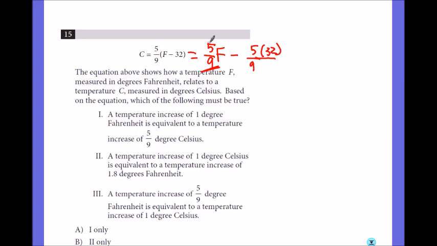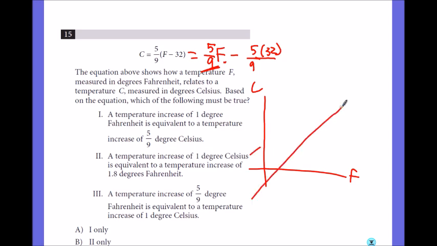So 1, a temperature increase of 1 degree in Fahrenheit is equivalent to the temperature increasing 5 over 9 degrees in Celsius. So when you think about it, if you draw it, if this is your x Fahrenheit and Celsius, the rate of change is 5 over 9, right?